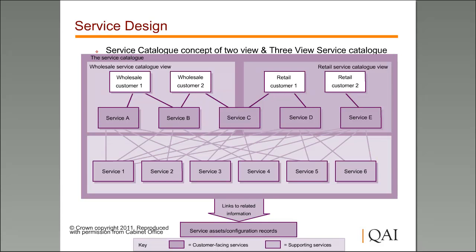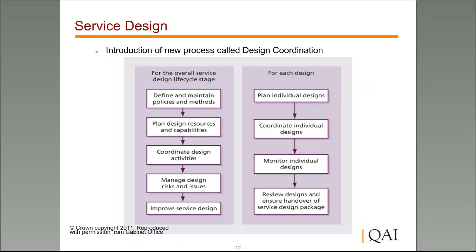This is a three-view because, let's say, there are two customers we are working for, one wholesale and one retail. So there is the customer view, then the business services, and then the IT services. Service 1, service 2, service 3 you can think of as the technical service catalog from the earlier version, and service A, service B is more of a business service catalog.